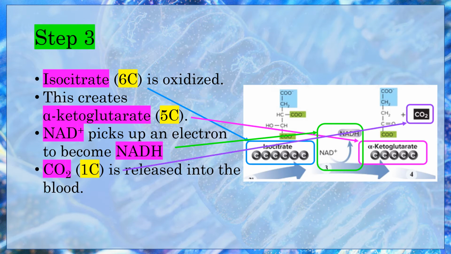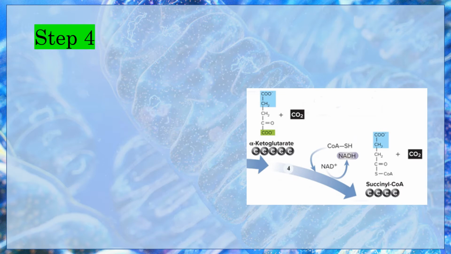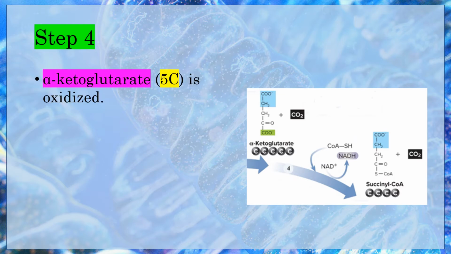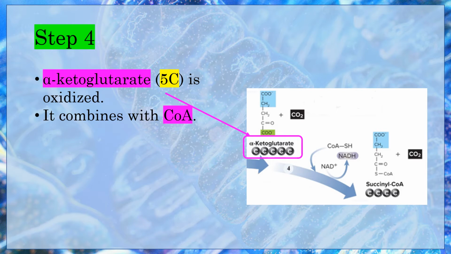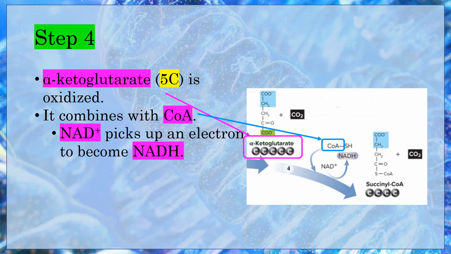But that means we're down to 5 carbons now since 1 carbon is lost through CO2. Seen there in step 4, we have that alpha ketoglutarate, which we're down to 5 carbons now, is also oxidized. It combines with more coenzyme A, as seen in the blue. The NAD picks up an electron to become NADH, seen there in the green.